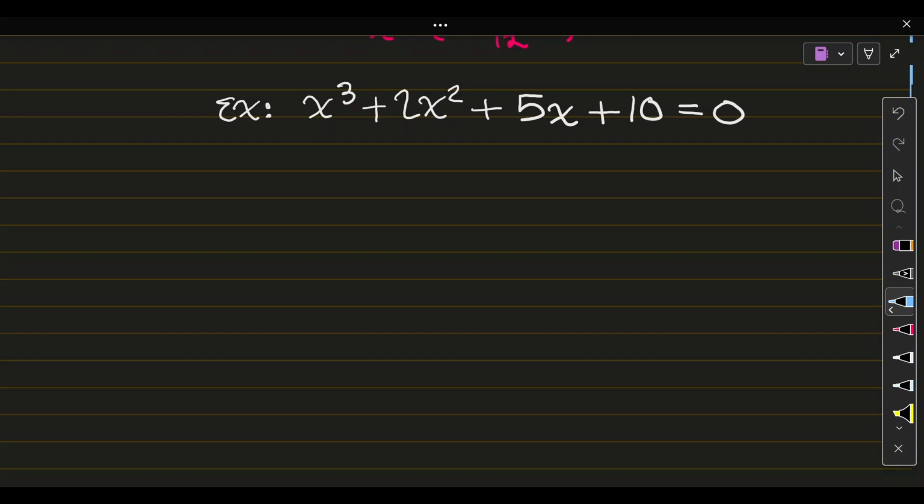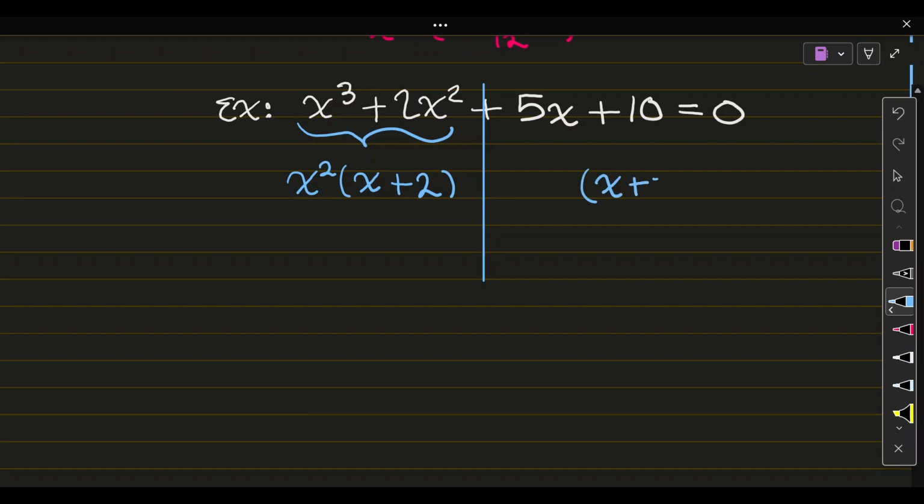So I have x cubed plus 2x squared plus 5x plus 10 equals 0. And what I'm going to do is try and split this right down the middle. Now the reason I do that is because over here, I notice that I can factor out an x squared, right? Because I have x cubed, so x cubed factoring out x squared is x. Factoring out x squared from 2x squared is going to give me 2.